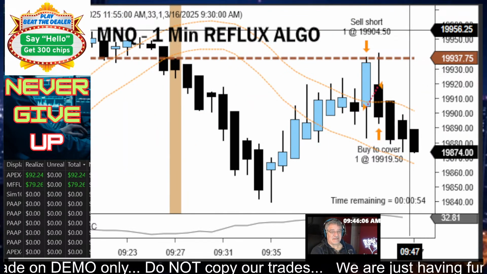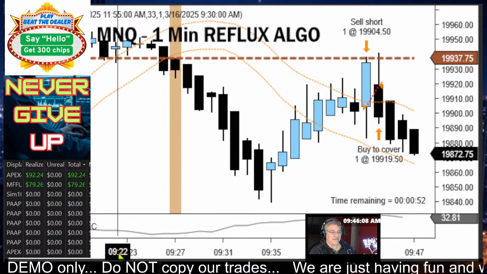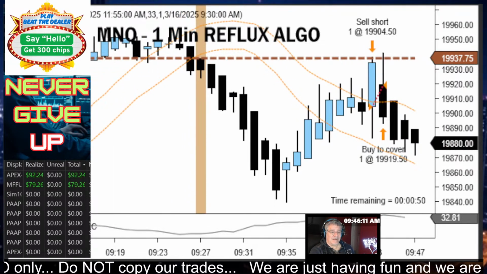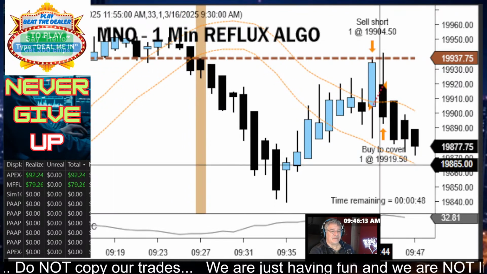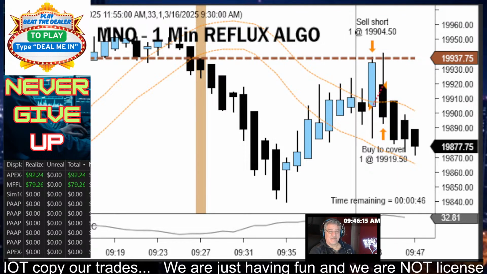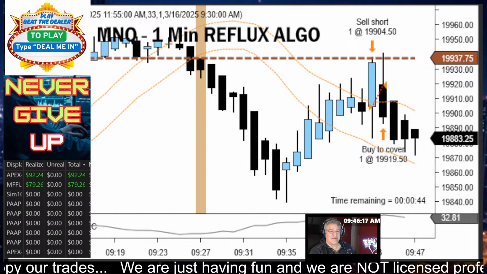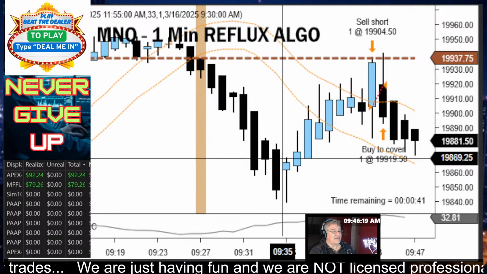Not sure why that was like that. Okay, so the algo, I enabled it. I got to put it on the right account. I'm kind of organized now, 17 minutes later.